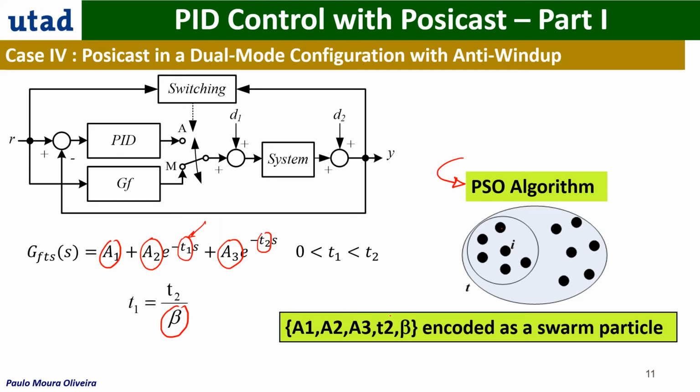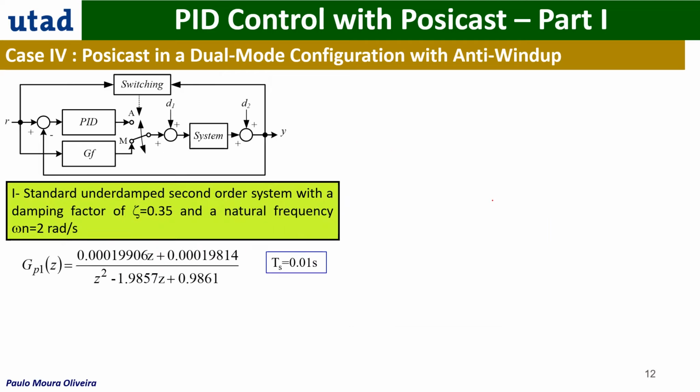So if we decide T2 and beta, we have all the details for the three-step Posicast. I'm not going to go into details about the particle swarm optimization, but you can find information about it on YouTube.